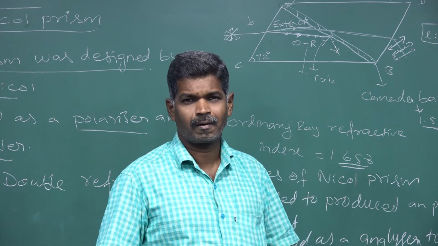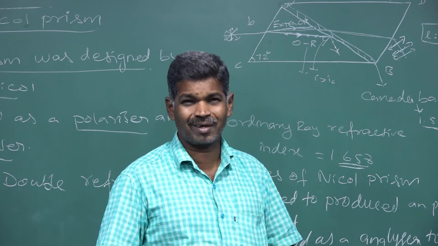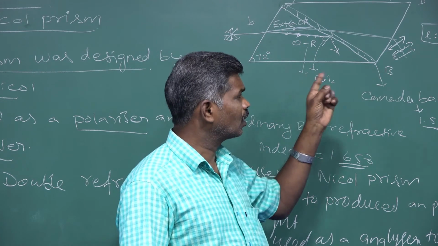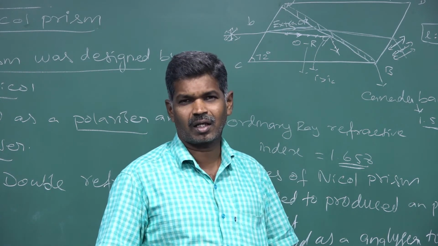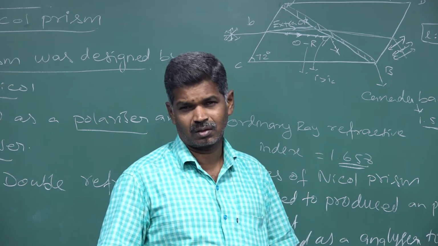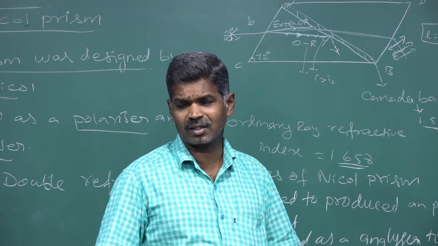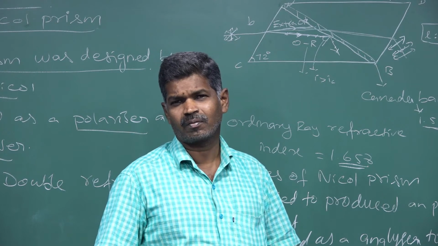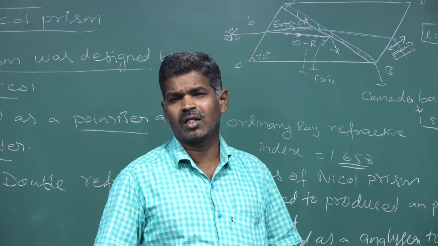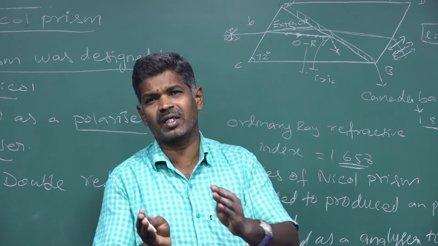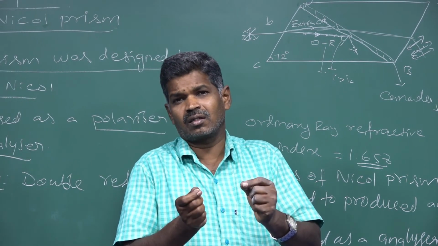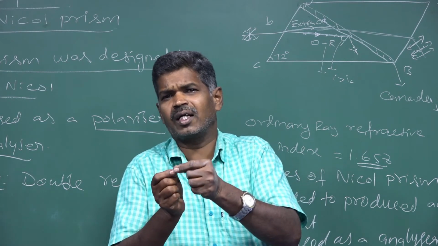The next drawback is that the emergent light, the extraordinary ray, is plane polarized, but it does not come out in a certain direction. It is deviated in different directions. We cannot say that the emergent ray comes out in this direction only.